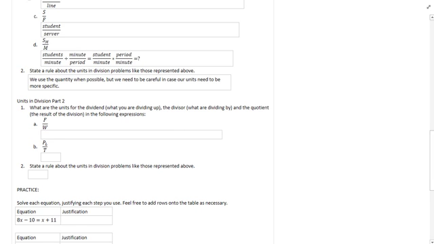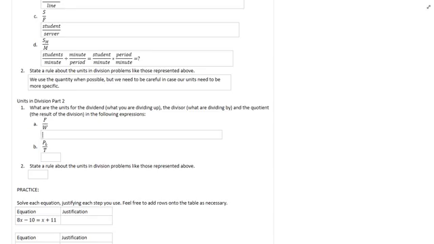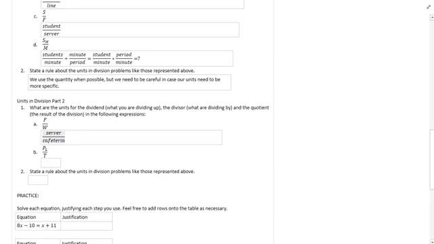All right. Here we have F divided by W, which gives me servers per cafeteria divided by servers per line.